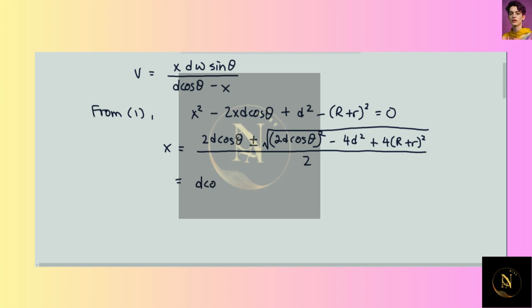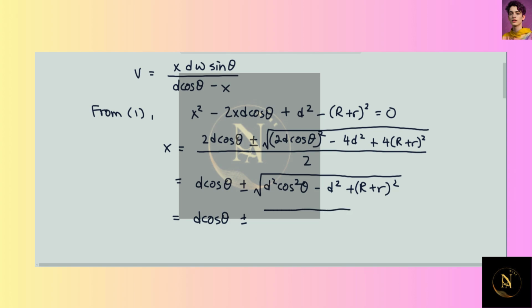So we get d cosine theta plus or minus the square root of d squared cosine squared theta minus d squared plus (R plus r) squared. Then d squared cosine squared theta minus d squared can be simplified, so we have (R plus r) squared minus d squared sine squared theta.